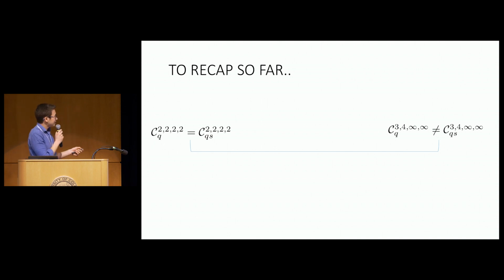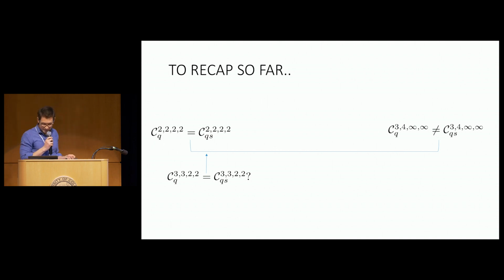Now, in between, we basically know nothing. The next simplest example that we can consider is the 3,3,2,2 case. In this case, I told you that there is this mystery around the I3322 Bell inequality, which has so far eluded everyone. But it's conjectured that the two sets are different.